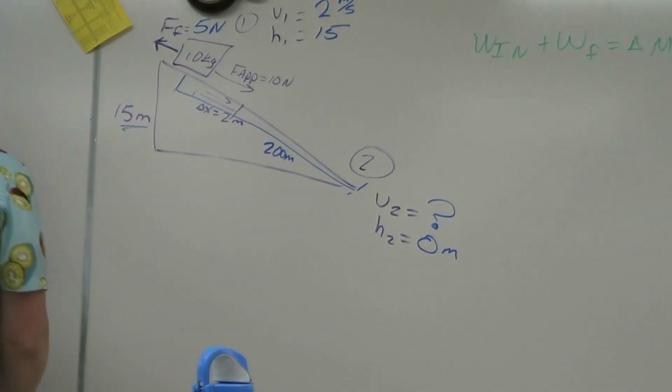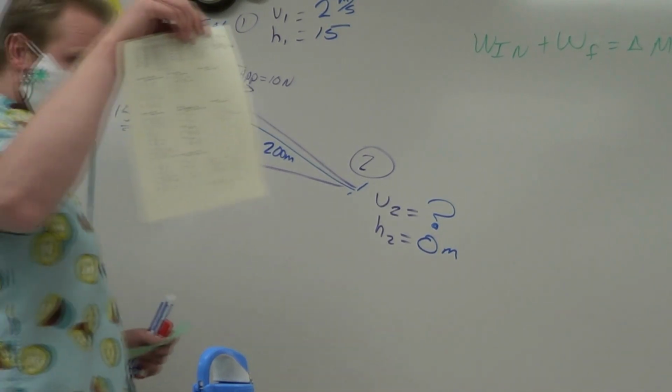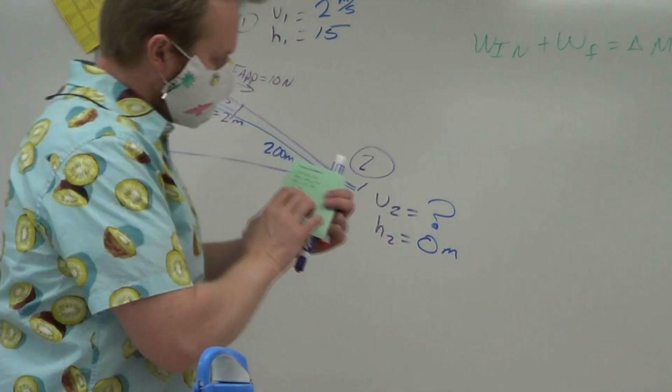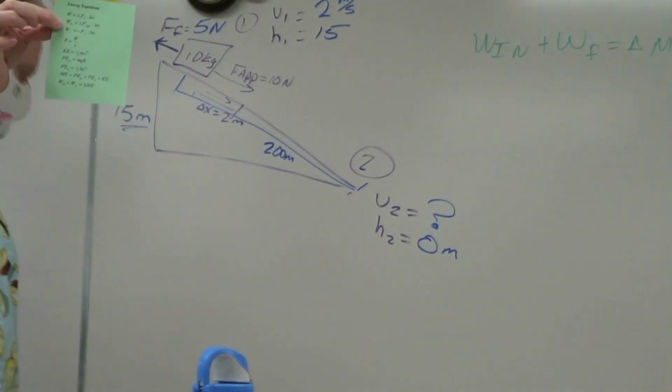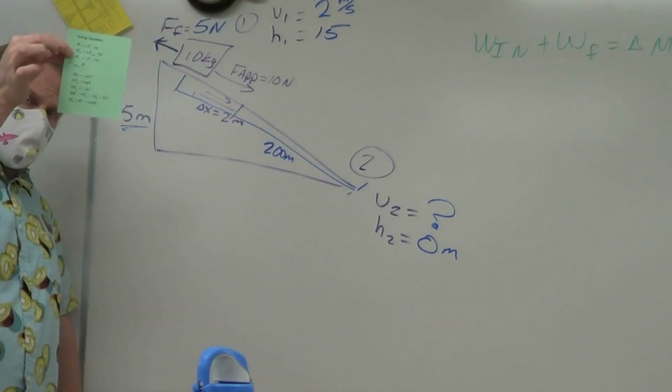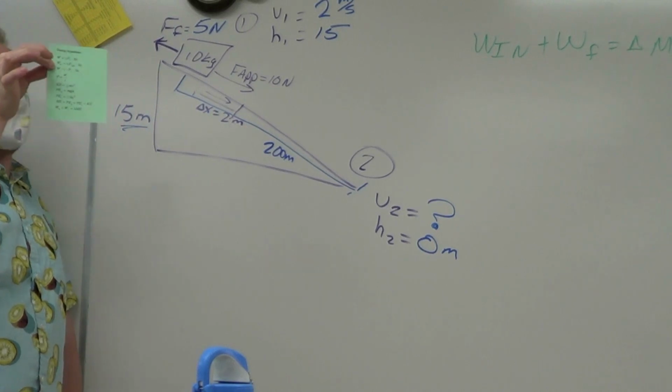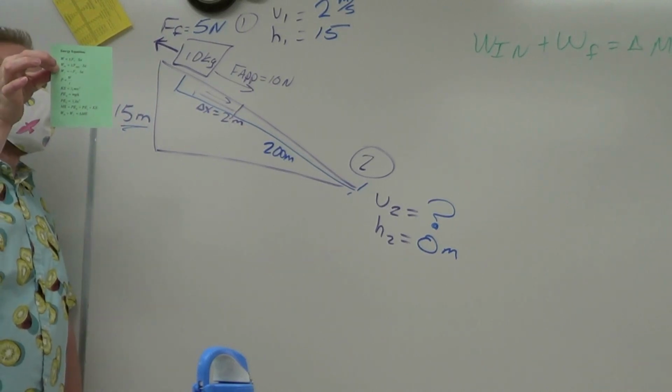Now before we get too far along, let's first determine, is there work in and is there work done by friction? So on your formula sheet, there is a list of equations for the energy equations. The second one talks about work in, and the third one talks about work done by friction.